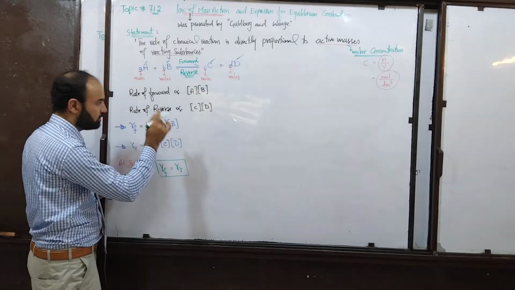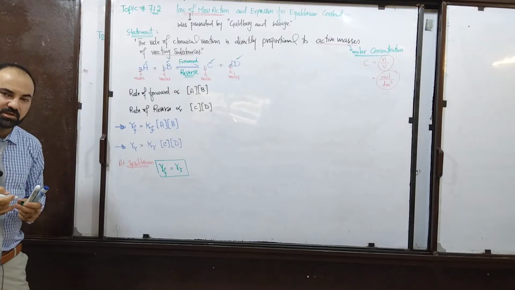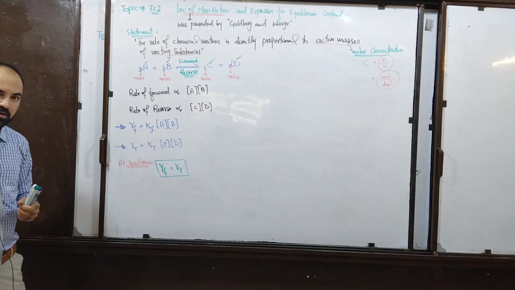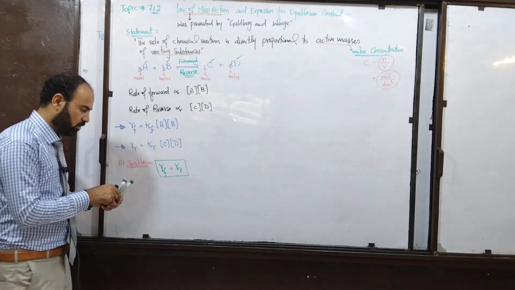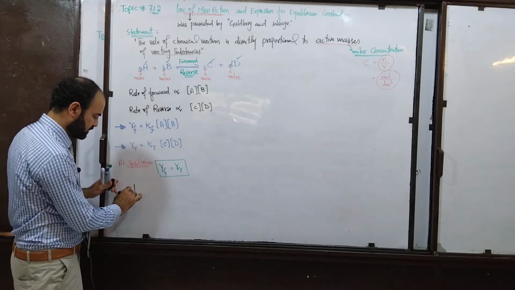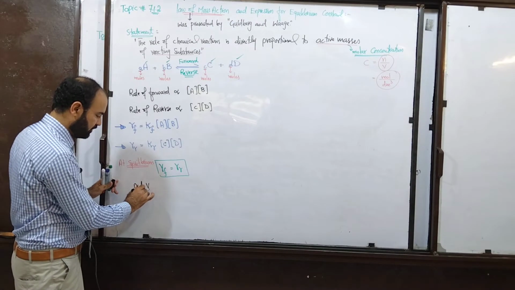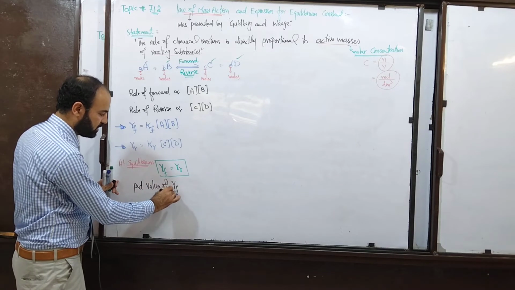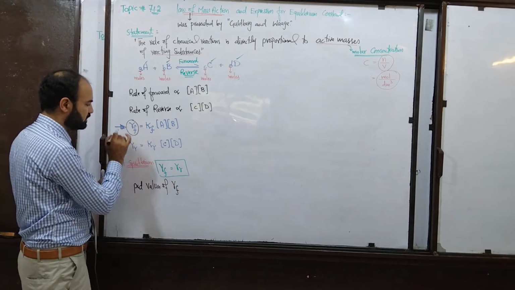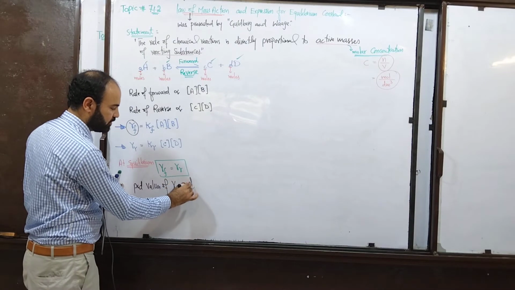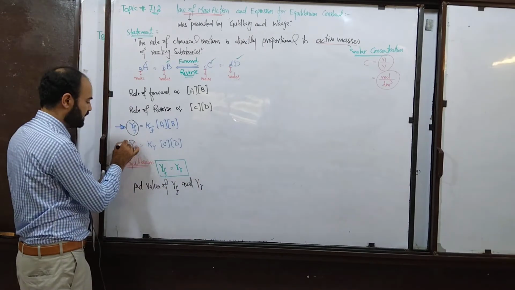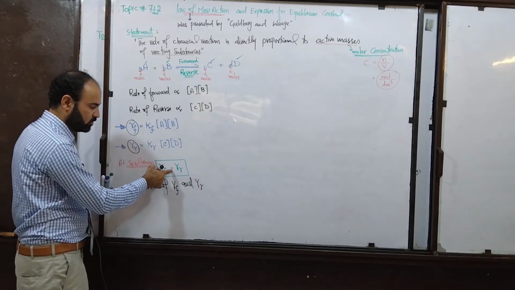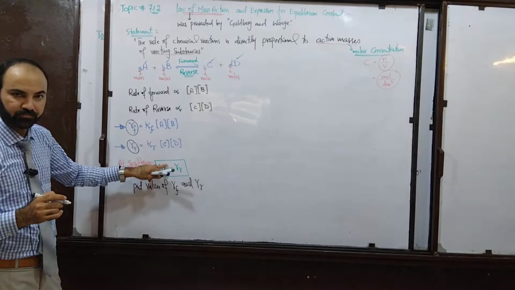Then equilibrium is reached in this reversible reaction. So if I put the values of the rate of forward reaction from here and the rate of reverse reaction from here into this equation, then we will get the result.